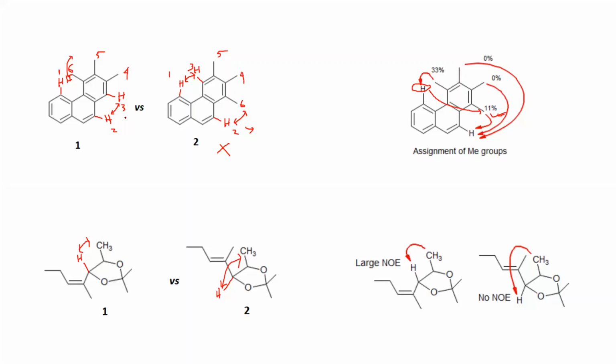But 2 and 3 you will not see that much change because those two protons are of same distance. Here for compound 1 and compound 2, that will be of same distance, so you will not see any enhancement. Got it?